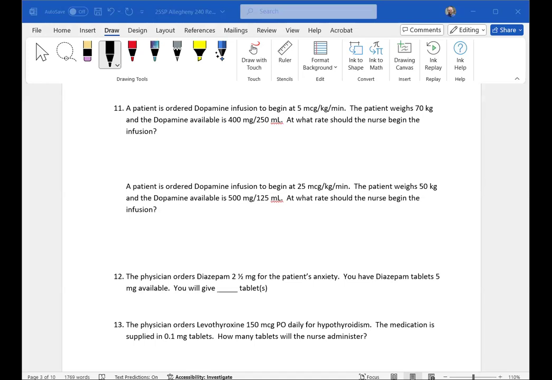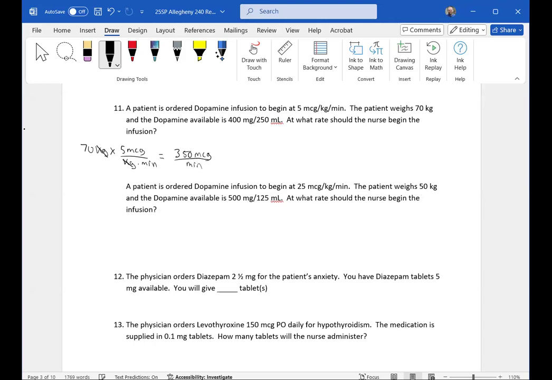First, I'm going to account for the patient's weight: I take the 70 kilograms and multiply by the 5 micrograms per kilogram per minute. Step one is just eliminating units. 70 times 5 is 350, so now I have 350 micrograms per minute.